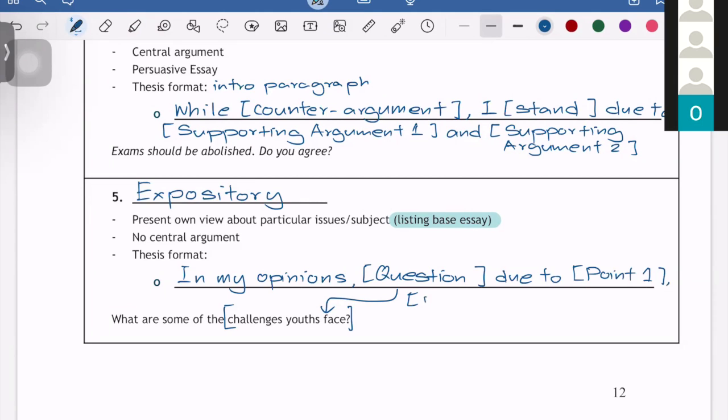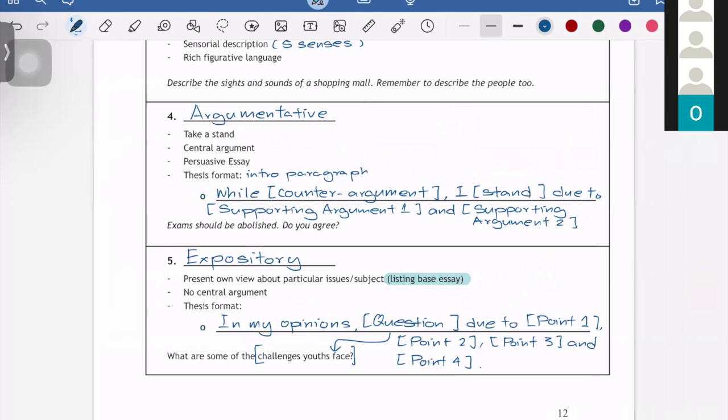Point 1, point 2, point 3, and point 4. Expository, you can write 3 points. You don't have to stick to 4 points. 3 points are sufficient enough as well.